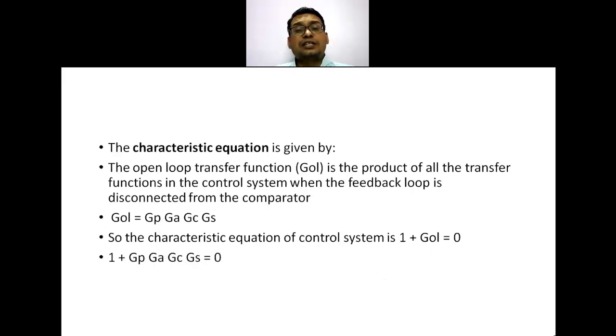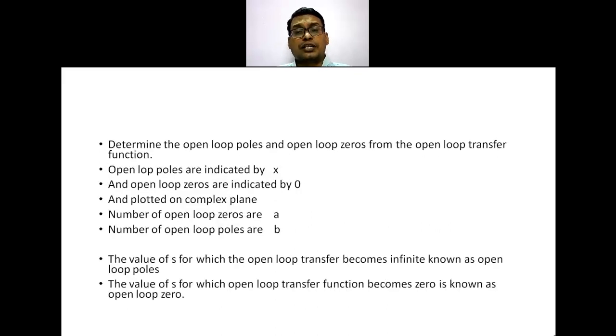It starts with the open loop transfer function, which is the product of all transfer functions in the control system when the feedback loop is disconnected from the comparator. That is the starting point for plotting the root locus diagram.